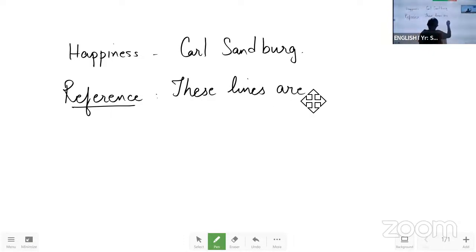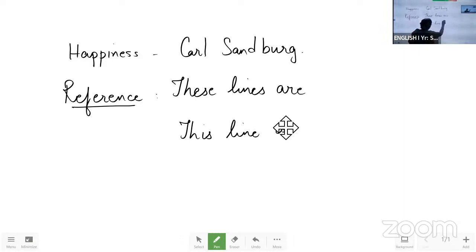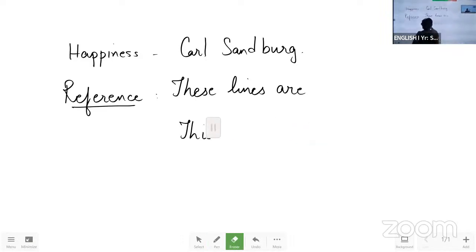Now, a common mistake by students. This is in plural, or you can write this line is. But there are times when children combine the singular with plural. You say, this lines are. In English, all this is taken into consideration.